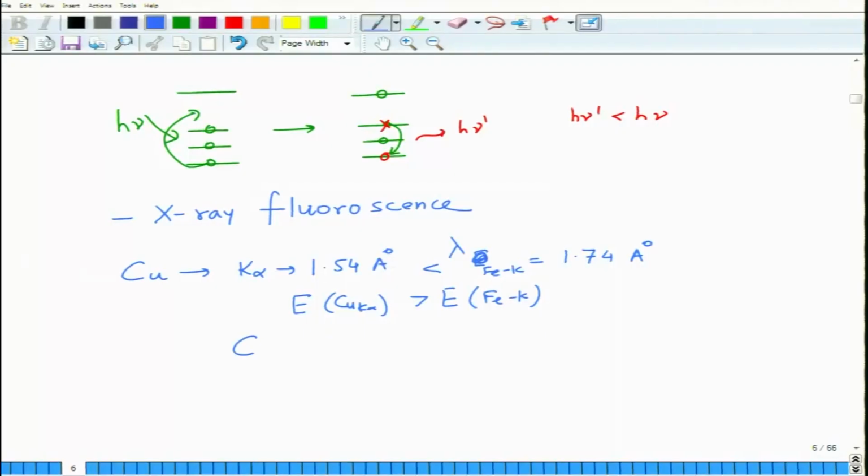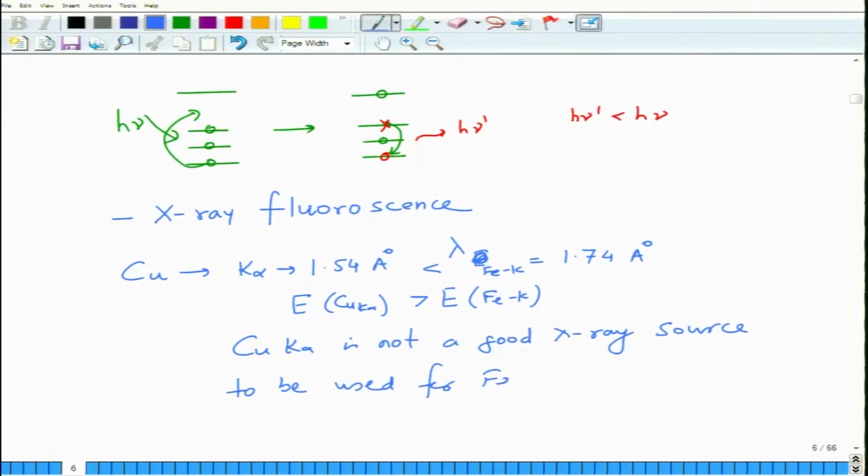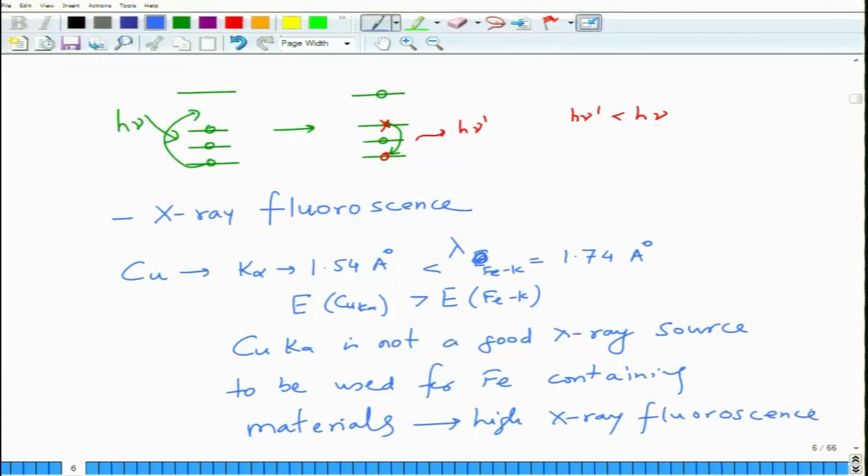So this is secondary X-ray, right? So copper K alpha is not a good X-ray source to be used for iron containing materials, because it gives rise to high X-ray fluorescence, because the energy of CuK alpha radiation is higher than the K absorption edge of iron.